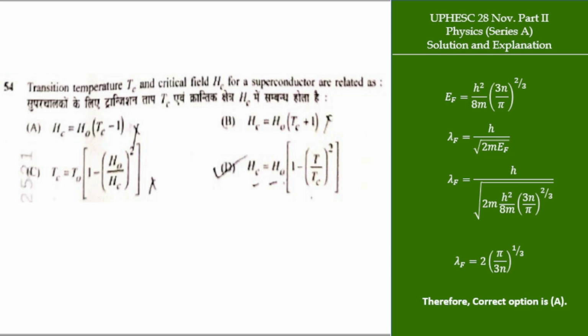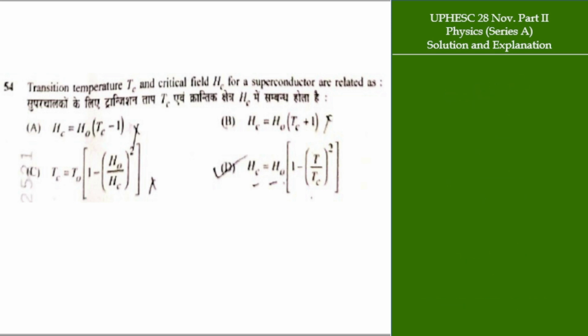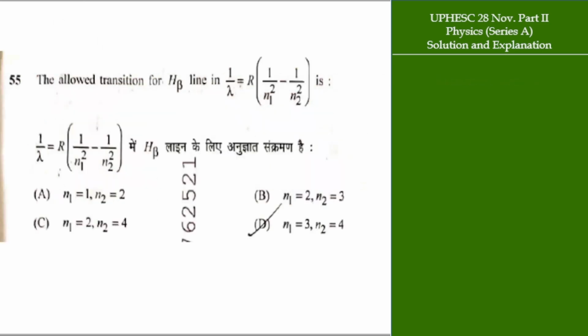Now in the next question, they have asked how the transition temperature Tc and critical field Hc for a superconductor are related. The correct option for this is option D. It is a direct formula based question, and the correct option is option D. Now the next question: the allowed transition for the H beta line in 1 by lambda equals R times (1 upon n1 square minus 1 upon n2 square).